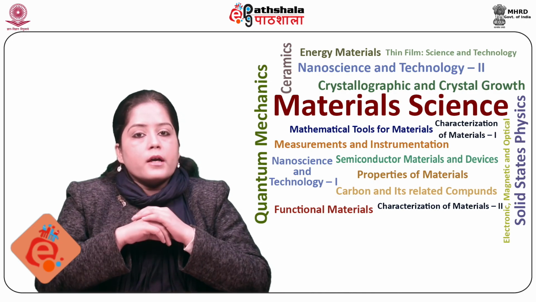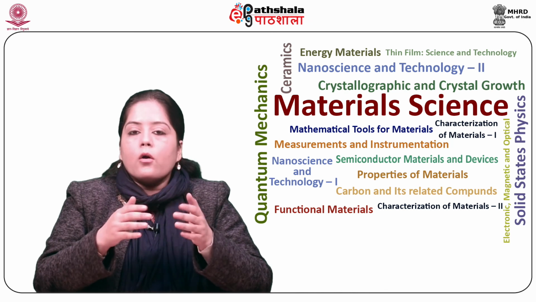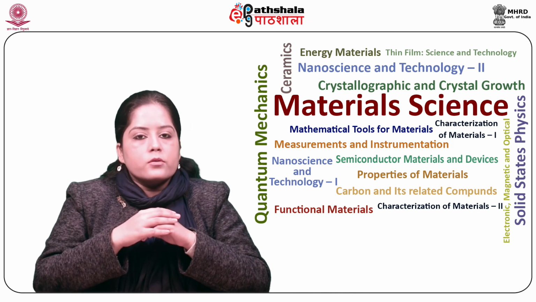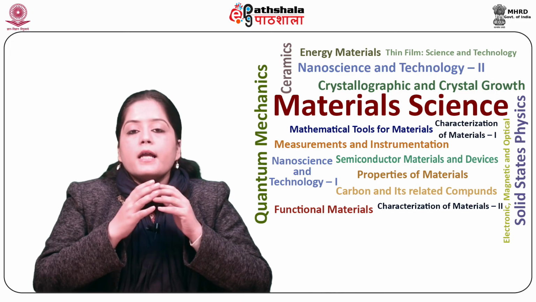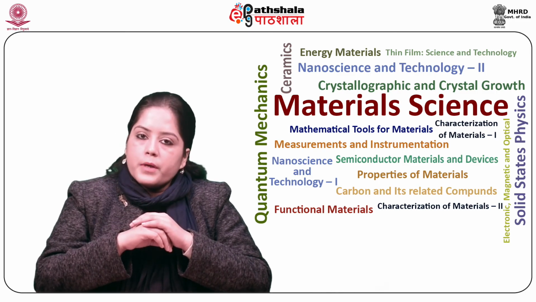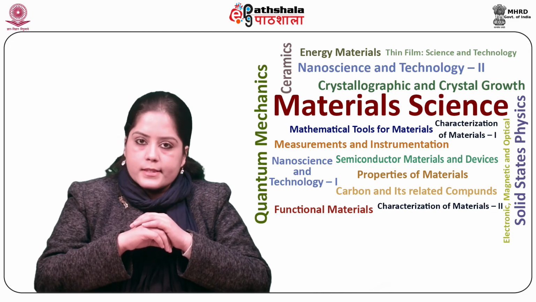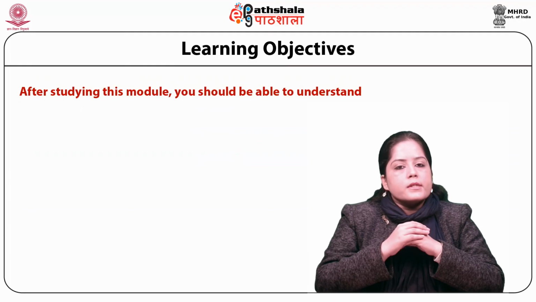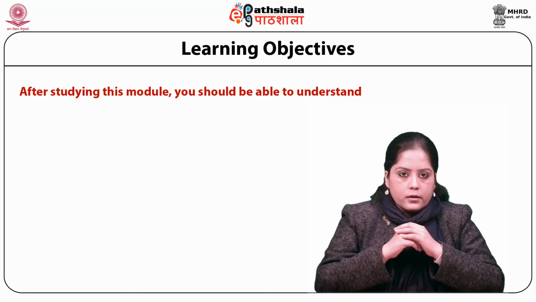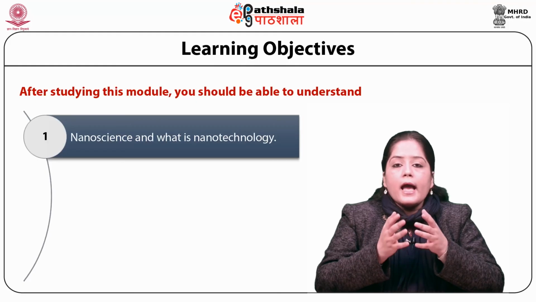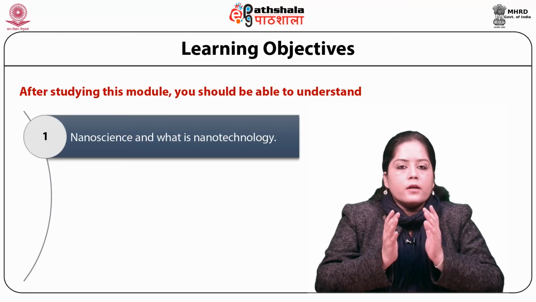So today we are going to discuss the module Nanoscience and Nanotechnology: an introduction, from the paper Nanoscience and Nanotechnology. So students, after completing this module, you will be able to know the following. First, nanoscience and what is nanotechnology.